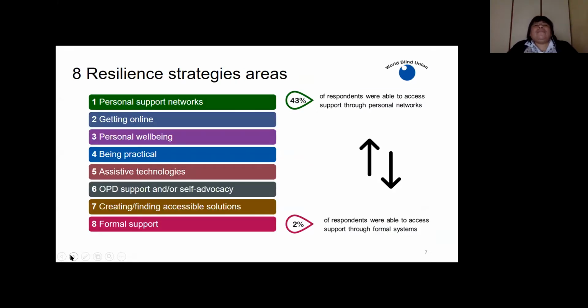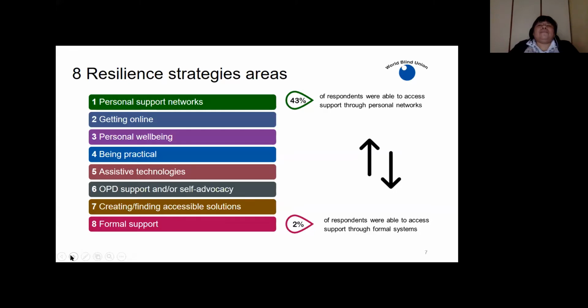They are not solutions in themselves that we are presenting as solutions. They are solutions that were reported by people who replied to the survey. Some of them maybe were not so effective, some are more effective, and some are practical, but these are the things they found that could help us cope and deal with the pandemic.